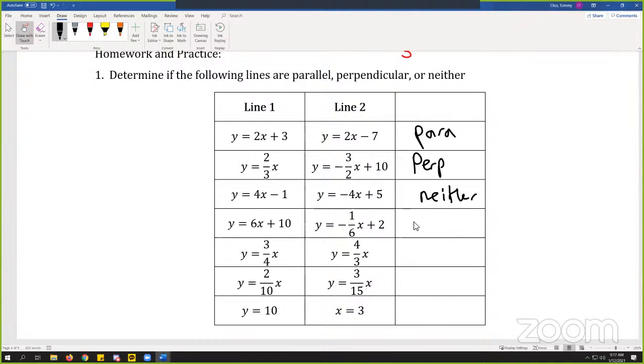Fourth one, perpendicular. Fifth one, neither. Sixth one, parallel. And the last one should be perpendicular.